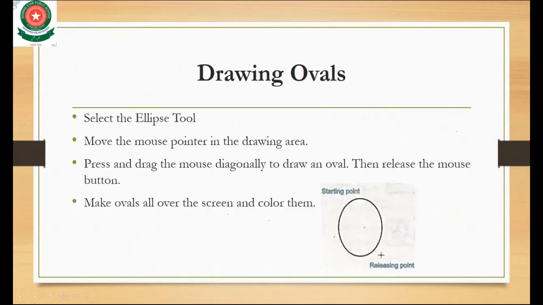And next is drawing ovals. This is the same as the rectangle tool, but in the toolbox, instead of the rectangle tool you select the ellipse tool, and the remaining steps are the same.